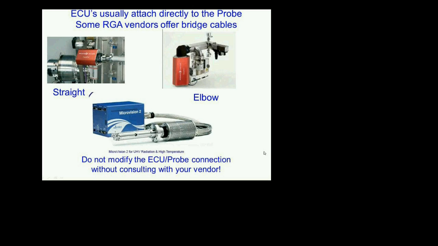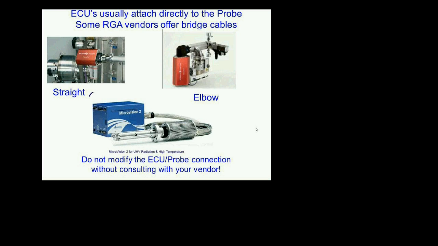Now, the bottom line here is, whereas you can buy these different versions of RGAs with different configurations for the connection between the probe and the ECU, you should never, and you'll thank me later, modify your ECU probe connection yourself without first talking to the vendor.